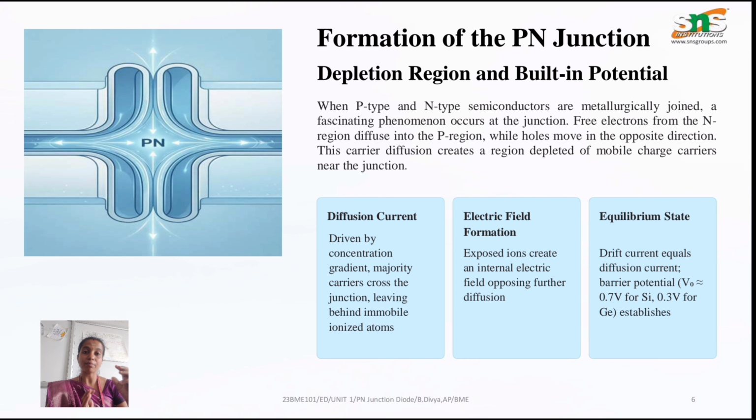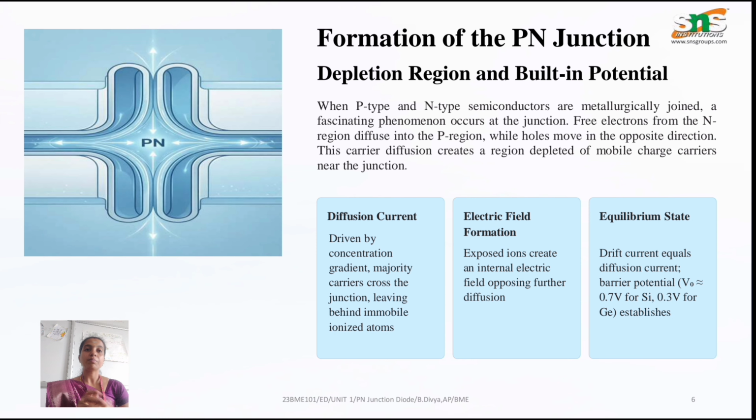These two undergo electron-hole recombination. Once recombination takes place, a region forms between the P-type and N-type called the depletion region, or built-in potential.